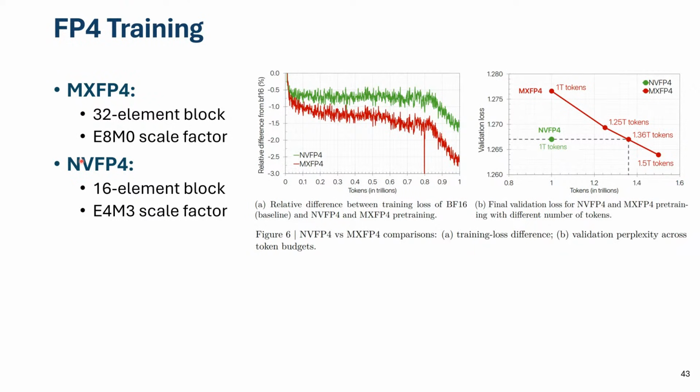NVFP4 is, we can see it as a bet by a vendor that it's something better, right? And that had been in the works for a while, or various things that evolved into it had been in the works for a while. If you look at some publications from NVIDIA research, they had fixed point based formats that worked for some cases, not quite for others, and that's where transitioning those to floating point ended up in this.